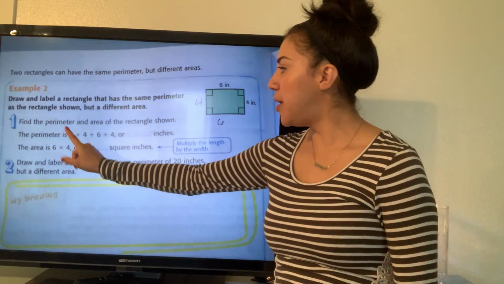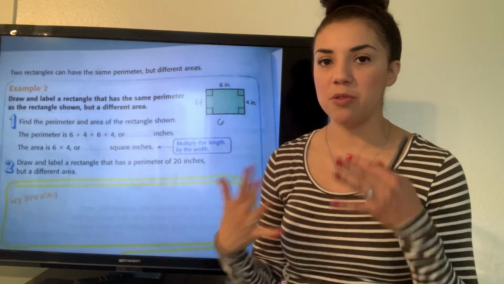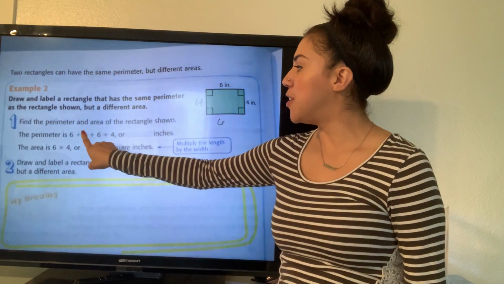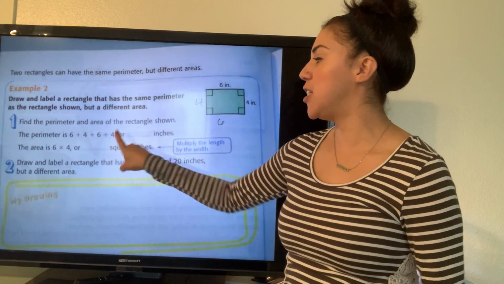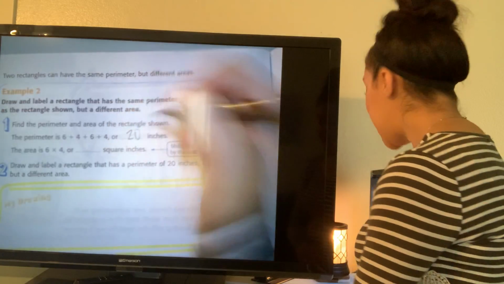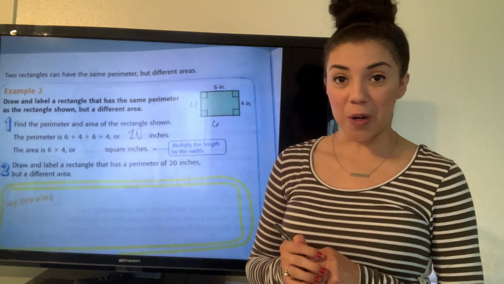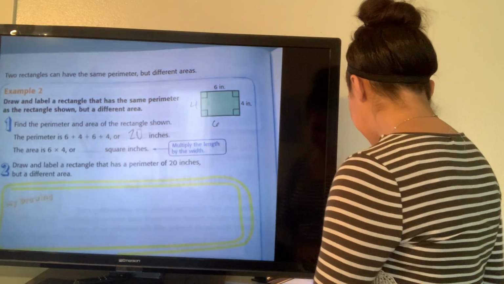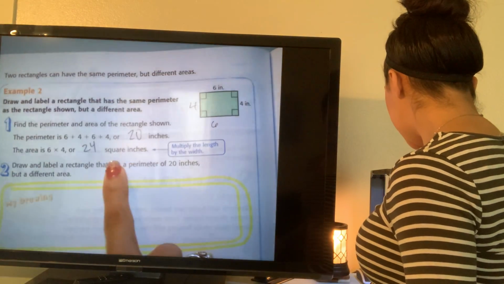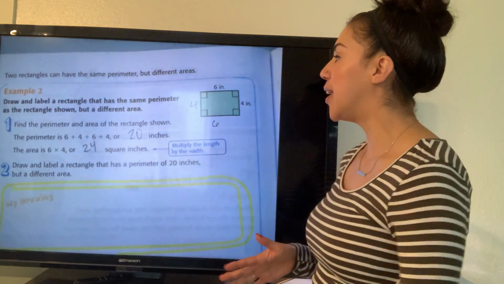So the perimeter is 6 plus 4 plus 6 plus 4, or I'm going to do doubles here to help me out. 6 and 6 is 12, 13, 14, 15, 16, 17, 18, 19, 20. So this is 20 inches. The area would be 6 times 4, or 24, I think. So we have 24 square inches, because remember to find the area, it's length times width.